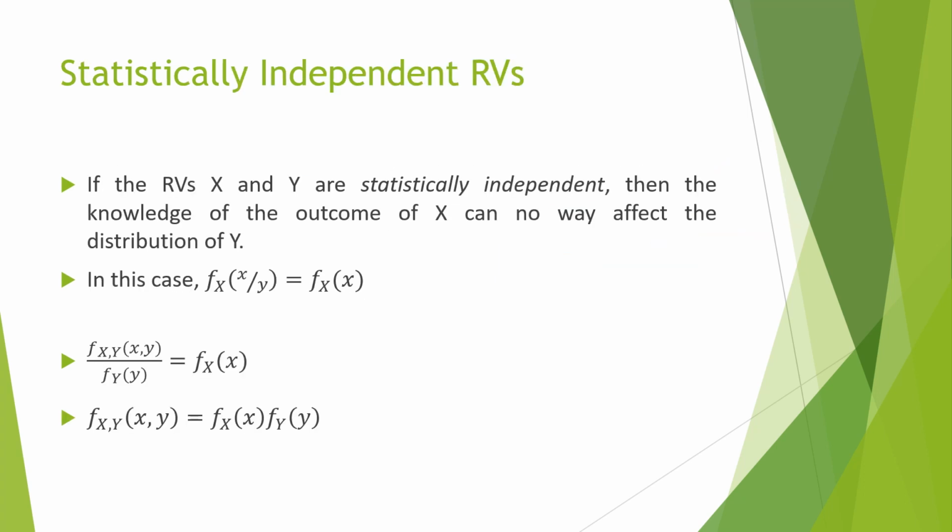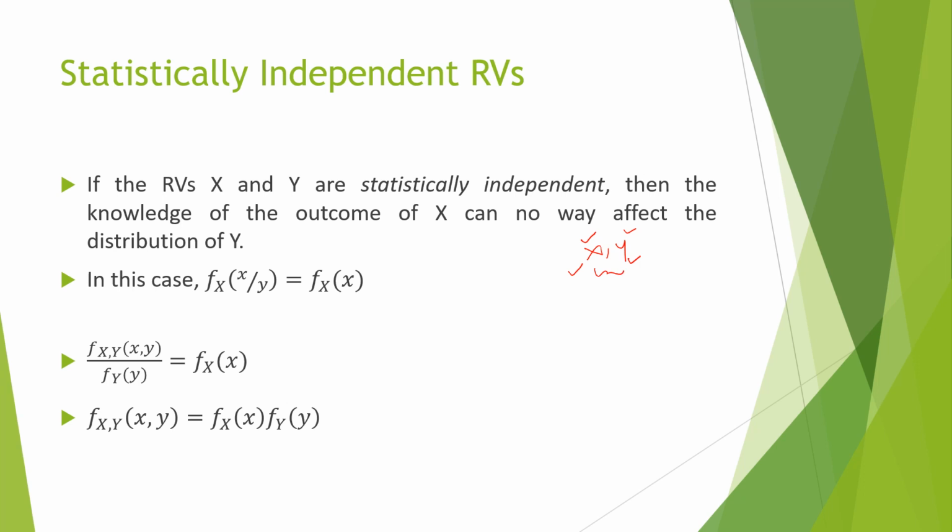What are statistically independent random variables? Two random variables x and y are known as statistically independent if the knowledge of x is not adding anything to the knowledge of y, in simple terms, or the knowledge or outcome of y is not adding anything to the knowledge and outcome of x. In this case we call these two random variables statistically independent.